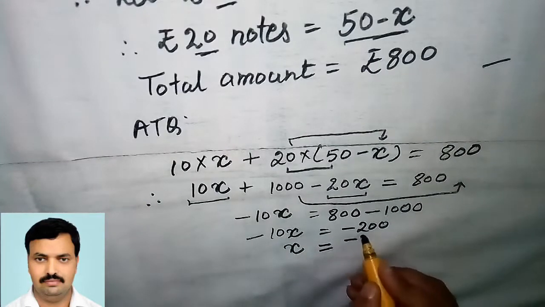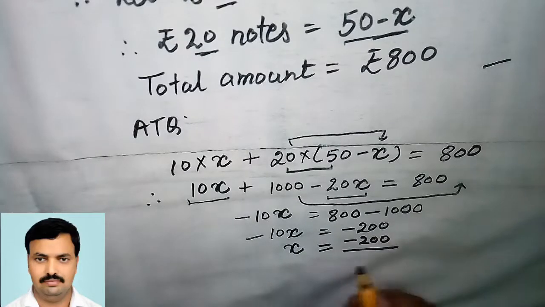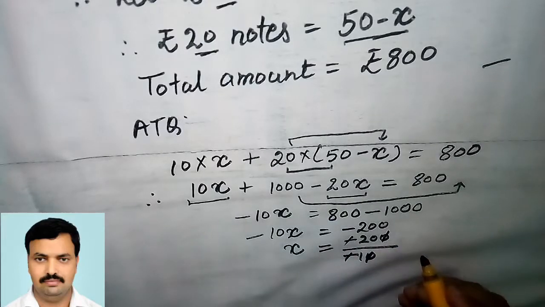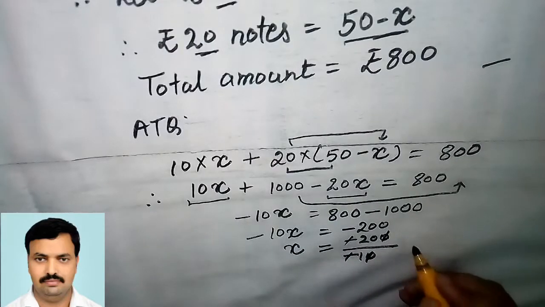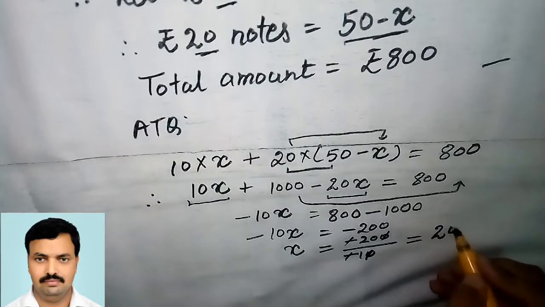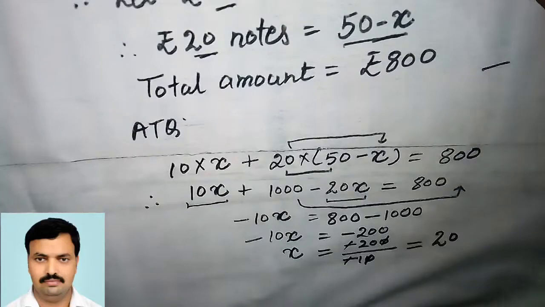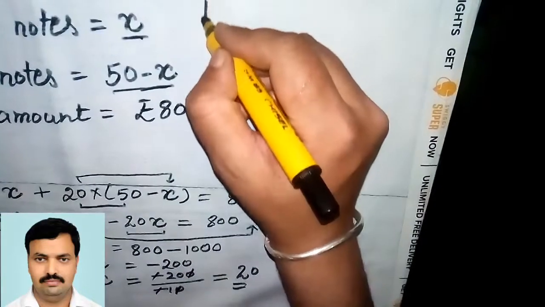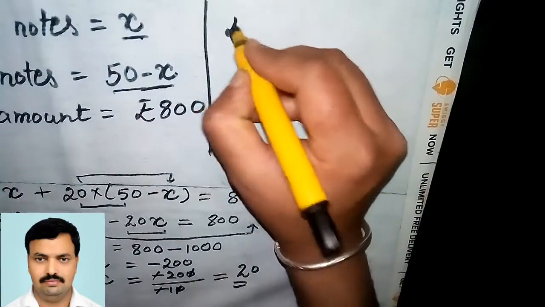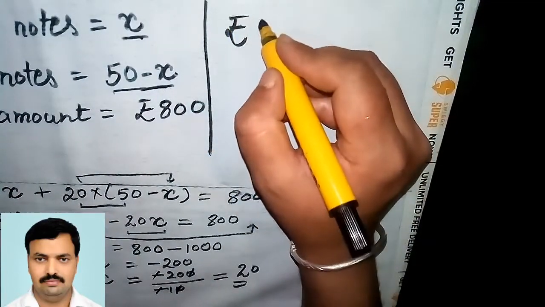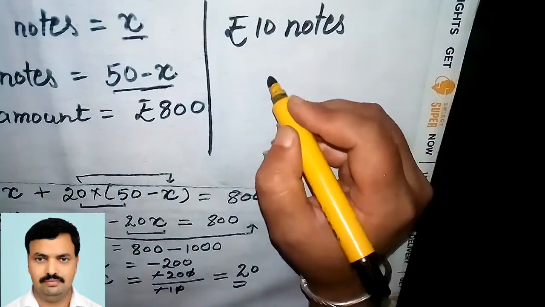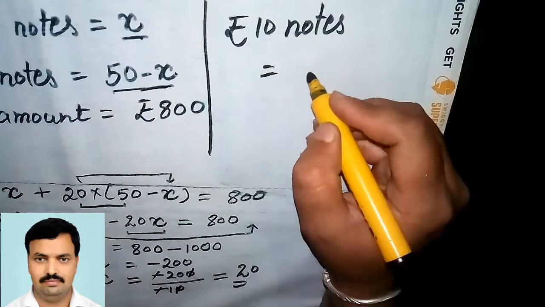So now take minus 10 to the right side, it will go in divide, and minus 200 upon minus 10, minus minus will be cancelled, and 10 20s are 200, so the answer will be 20. Hence you can say that the number of 10 rupees notes, which we took equal to x, will be equal to 20, because the value of x is 20.